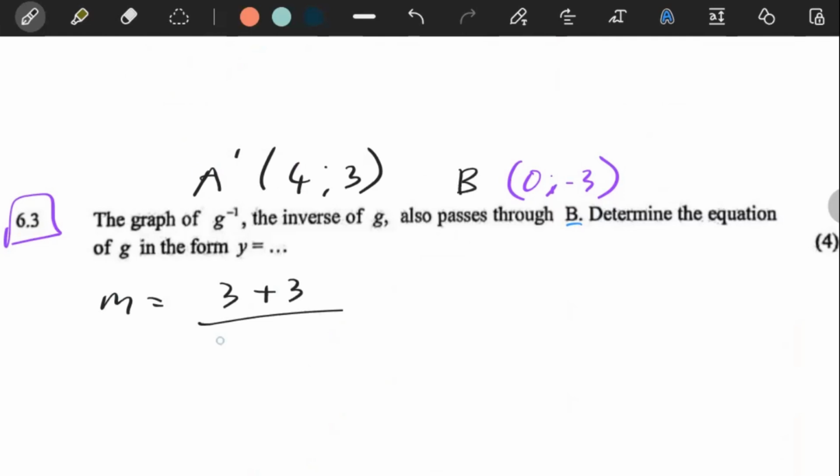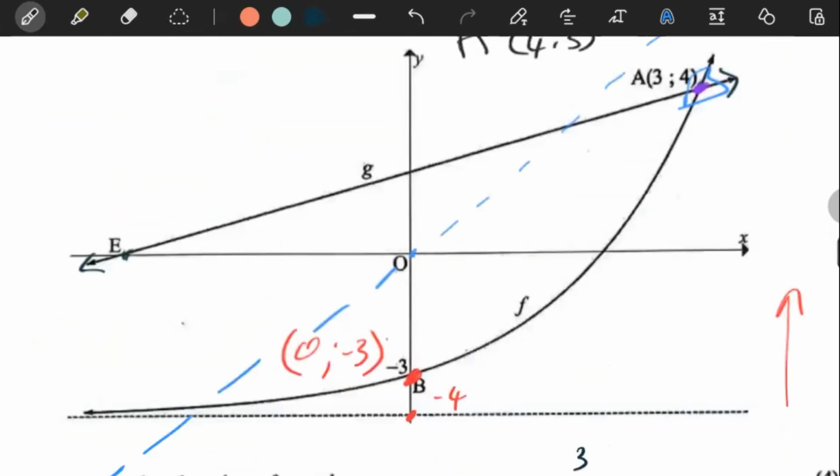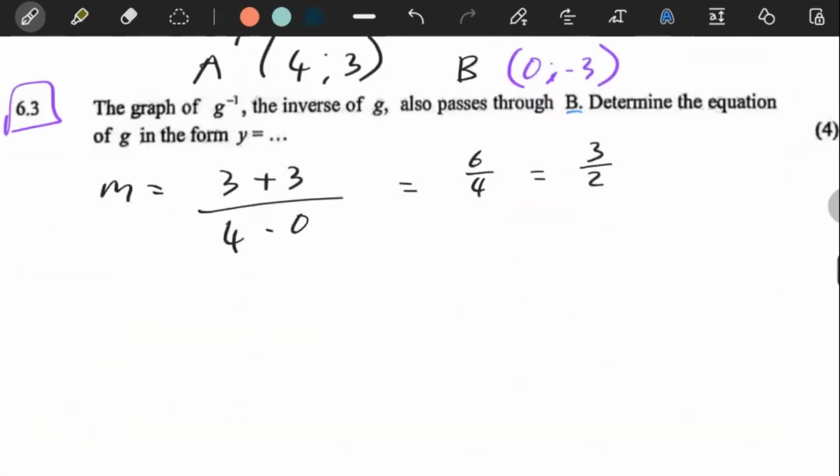And this is the gradient of the inverse, right? Its y-intercept is clearly going to be negative 3 because B is a point on the y-axis. So therefore, the equation of the inverse is y equals 3 over 2 x minus 3.